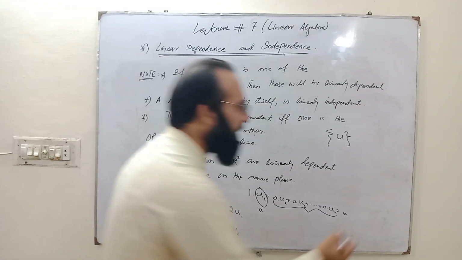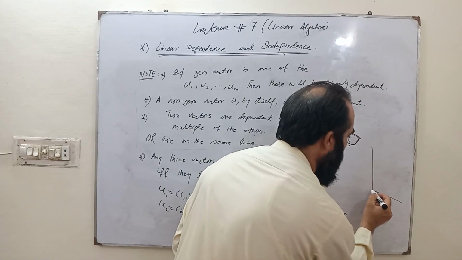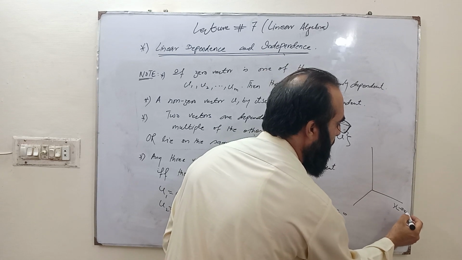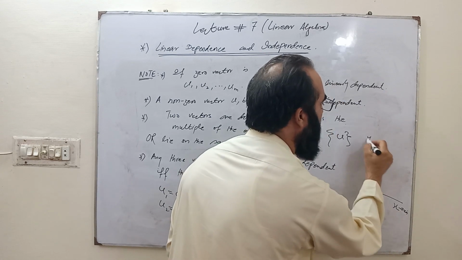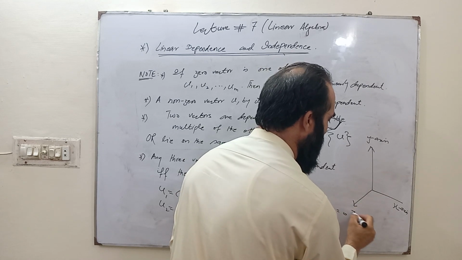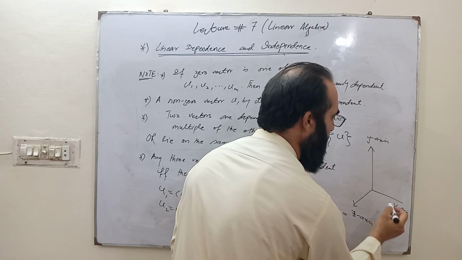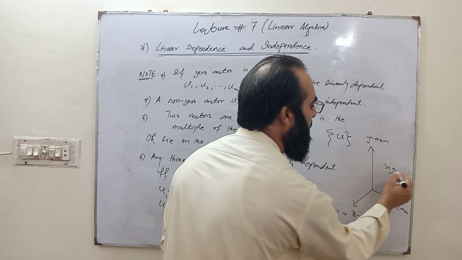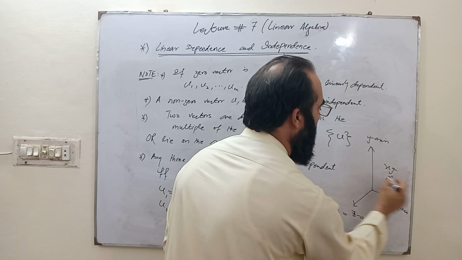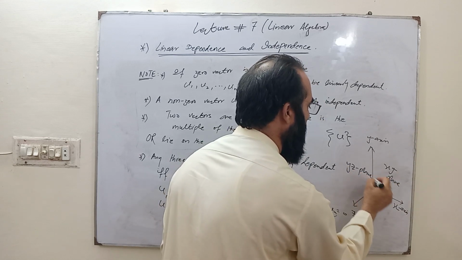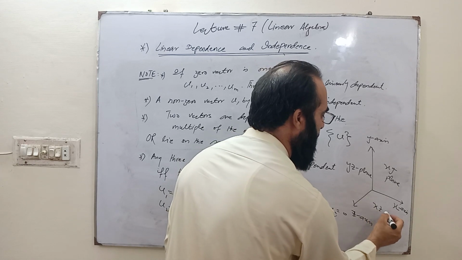Now look at the xyz plane. Say this one is our x-axis, this one is our y-axis, and this one is our z-axis. So this plane is our xy plane, this one is our yz plane, and this one is our xz plane.